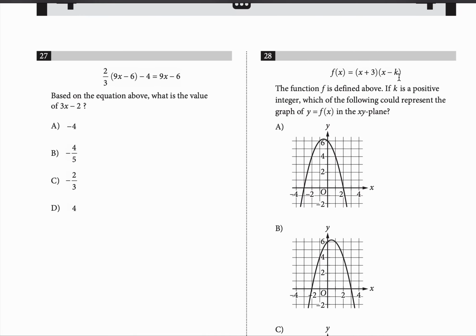Just remembering that the root is the opposite of the, I don't know if opposite is the right word. Like it's -3, the opposite of 3. The root is the constant times -1, right?